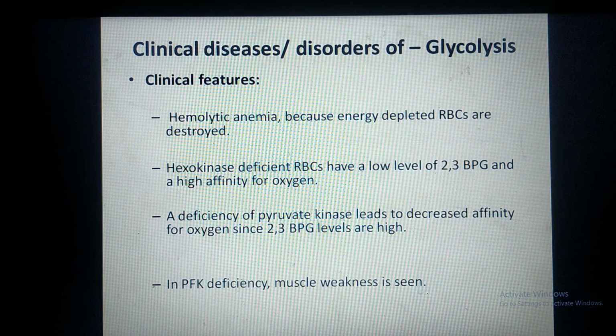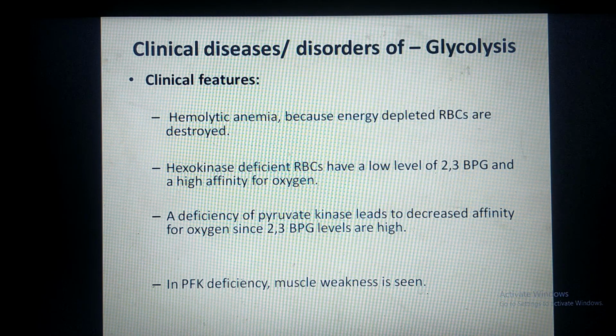Why hemolytic anemia? Because I have already told you, glycolysis is the only pathway that provides energy for RBCs. If the enzymes of glycolysis are absent or deficient, then RBCs will not get enough energy, so they become fragile and easily hemolyze. So the patient presents with hemolytic anemia.